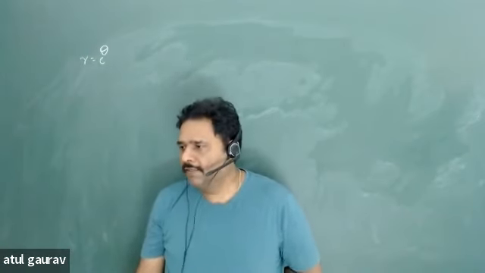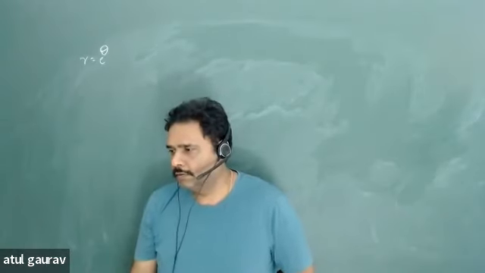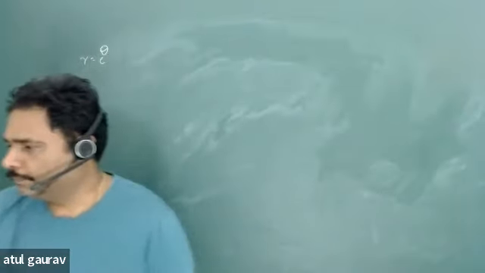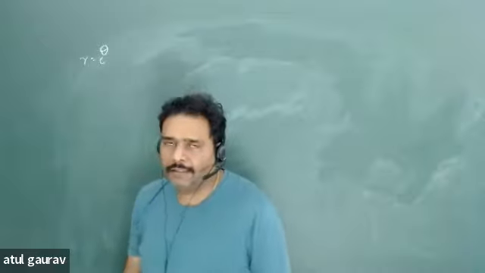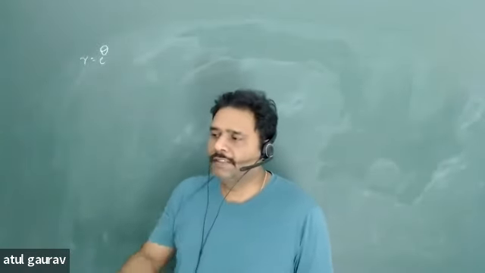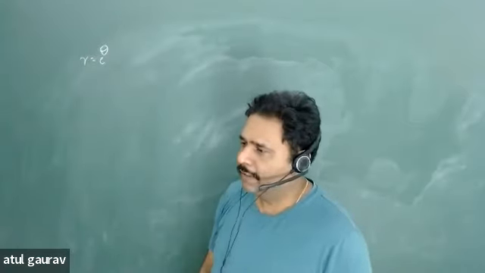Which type of orbit can be this? क्या हो रहा है बताओ? स्पाइरल, isn't it? थीटा की वैल्यू जैसे जैसे बढ़ता जाएगा वैसे वैसे आर की वैल्यू क्या होती जा रही है? बढ़ती जा रही है. Isn't it?